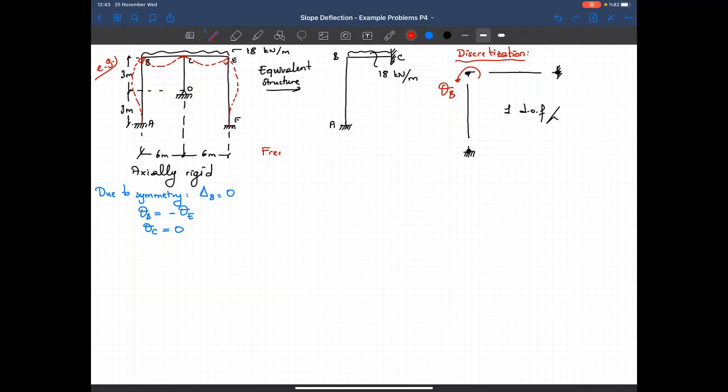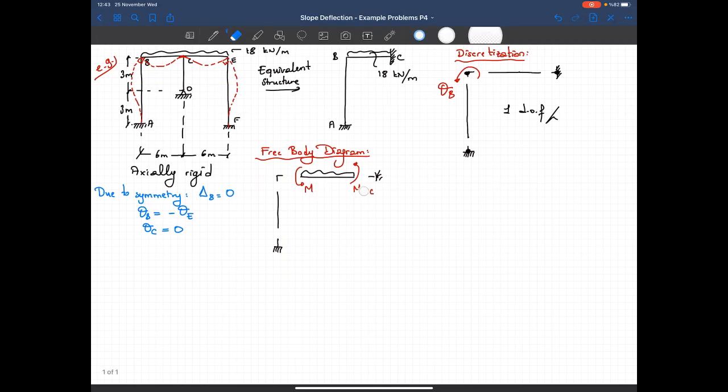Let's draw the free body diagram. Uniform distributed load here. Sorry, let me rewrite everything one more time.